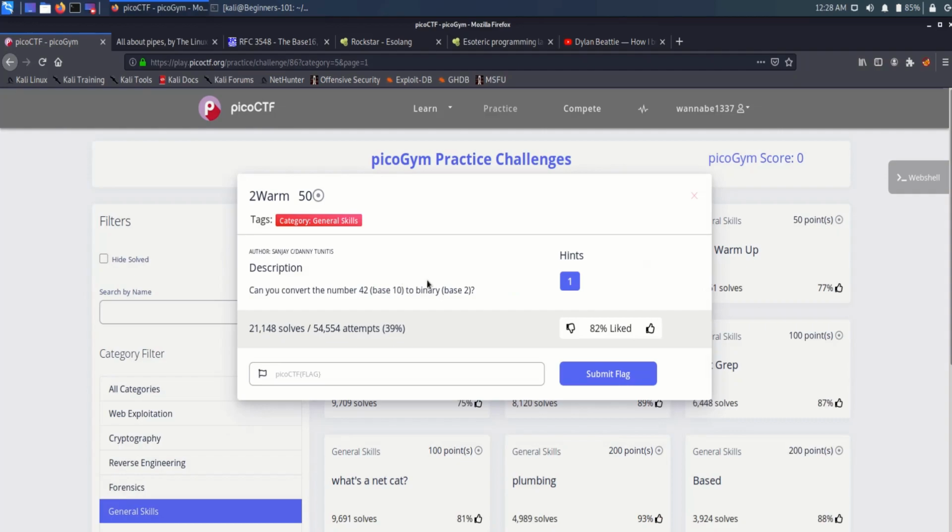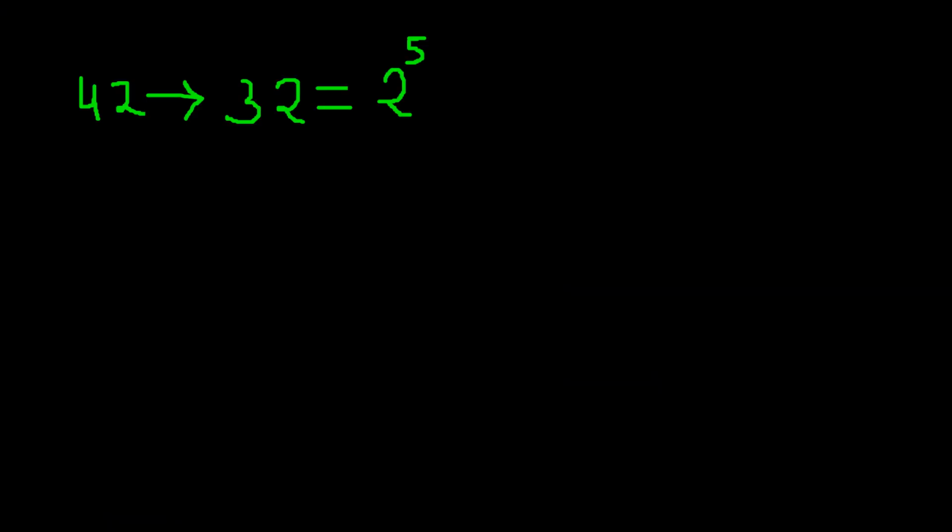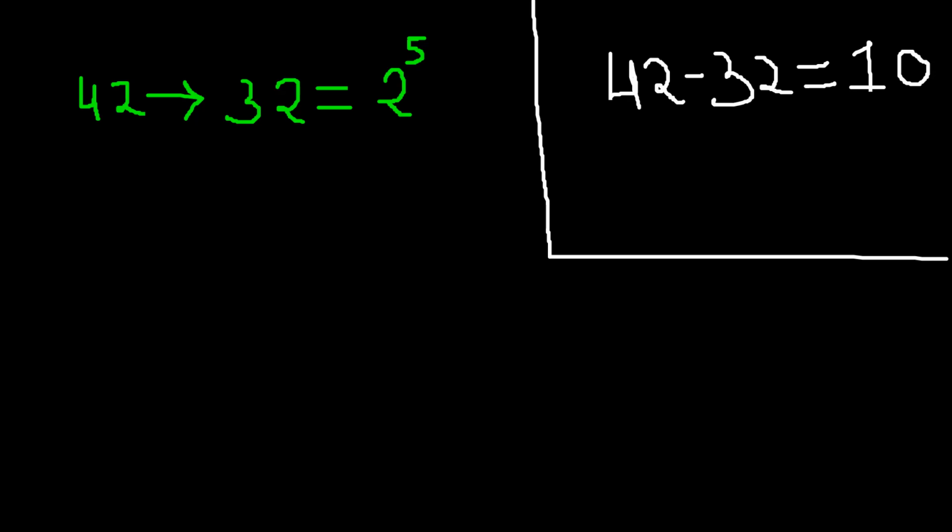The first one says, can you convert the number 42 of base 10 to binary of base 2? The number nearest to 42 which can be represented as a power of 2 is 32, which is 2 to the power 5. After subtracting it from 42, we have 10, and the number nearest to 10 as a power of 2 is 8, that is 2 to the power 3.